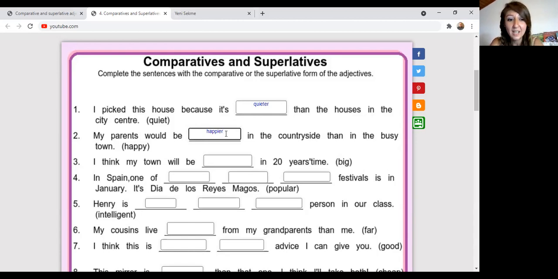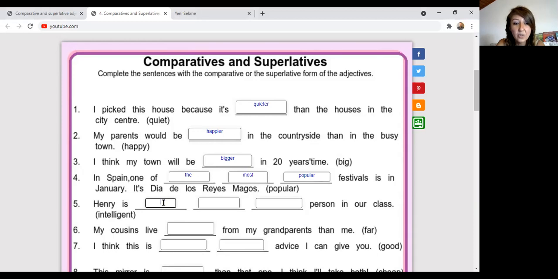Very well. Okay, Melek: I think my town will be bigger. Okay, double G. You are right. In Spain, one of the most popular festivals is in January.